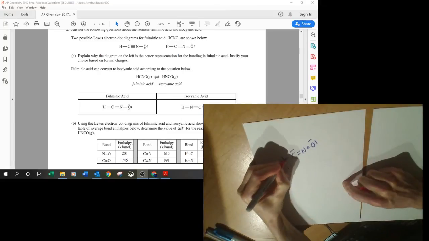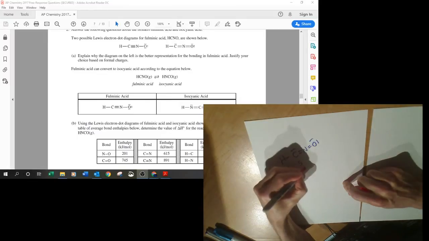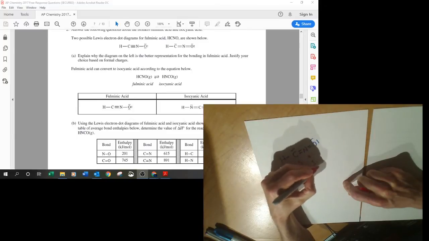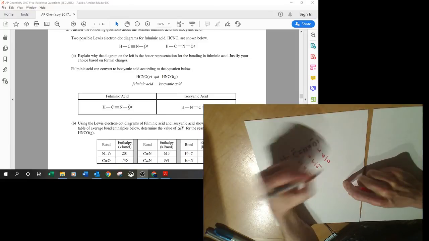That's got 1, 2, 3, 4, 5. Carbon has 5, should have 4, so it's -1. 1, 2, 3, 4 has 4, should have 5, +1. 1, 2, 3, 4, 5, 6. 6 and 6 is good.